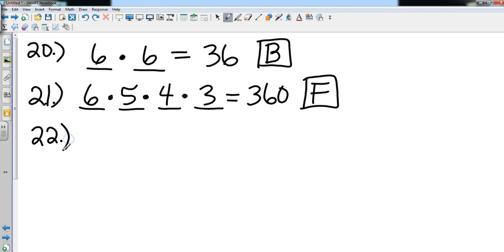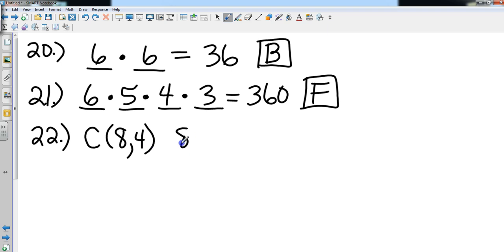Getting close. We're in the home stretch. 22. How many ways can a committee of 4 people be chosen from a group of 8 people if the members are selected in no particular order? Okay, so order does not matter. So we have a combination of 8 people chosen 4 ways.